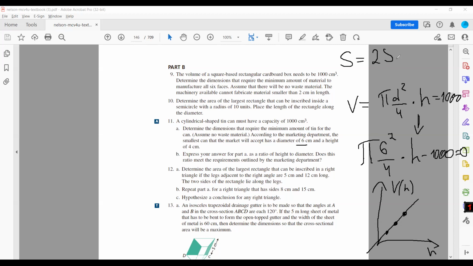Two surfaces of circles plus the surface of the rectangle. And it also depends on the same variables. But now you would like to find the minimum of this function.